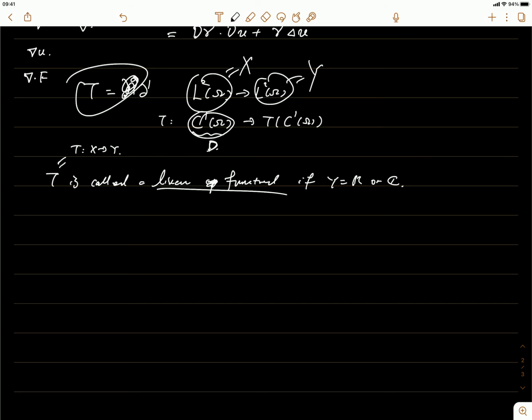Okay, so that's linear. And also, say we consider integration.